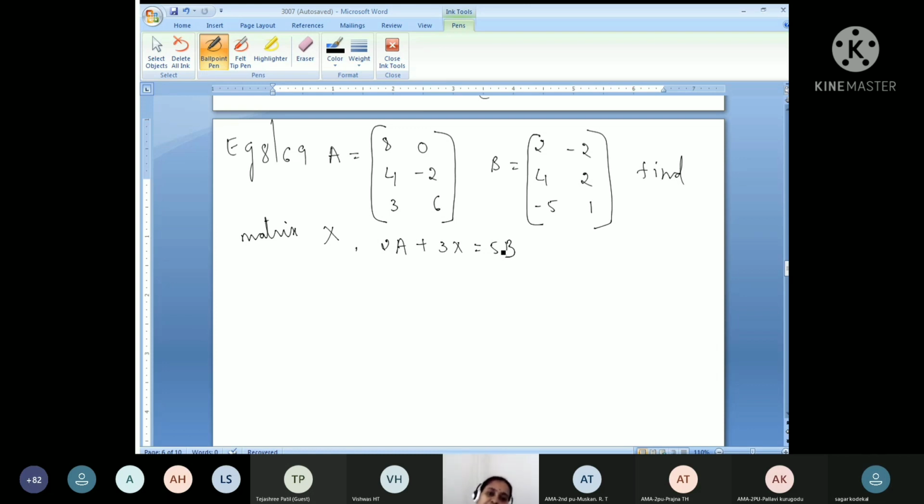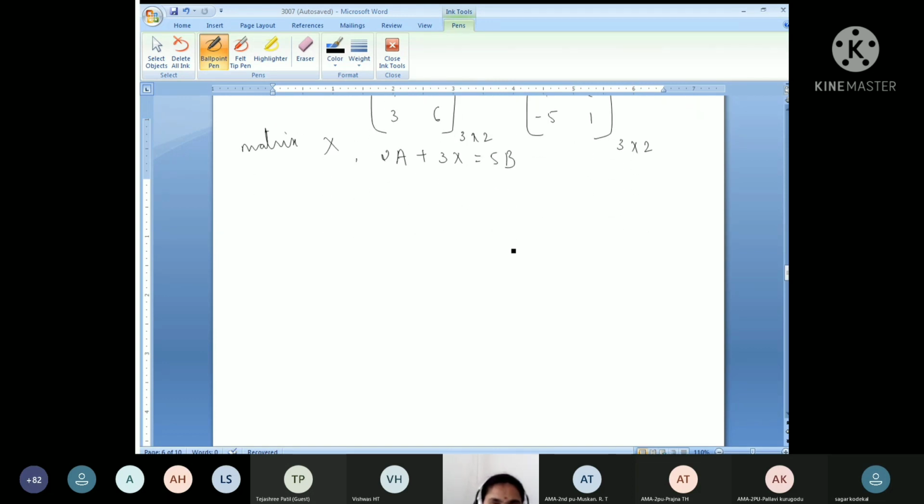So you have to find a matrix X such that 2A plus 3X is equal to 5B. See, what is the order of this? Order of this is 3 by 2. Order of this is 3 by 2. Definitely in the solution, what you must have? X must be a matrix of order 3 by 2.